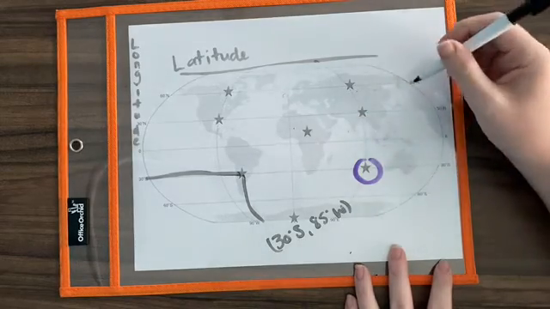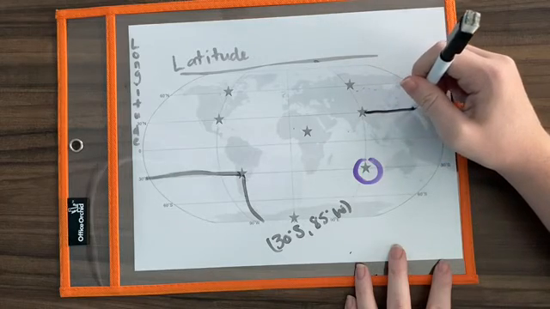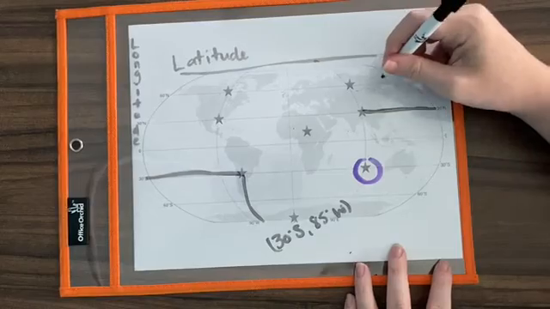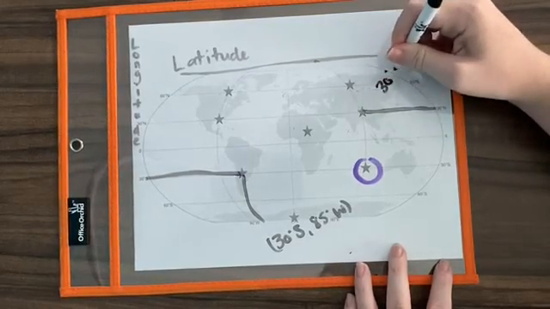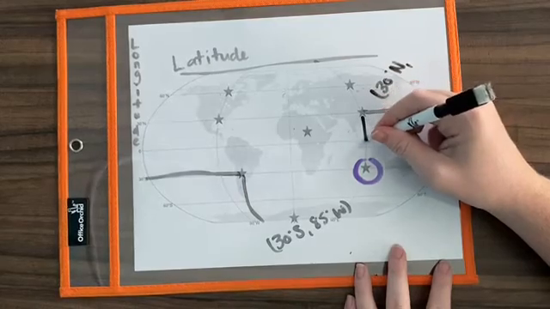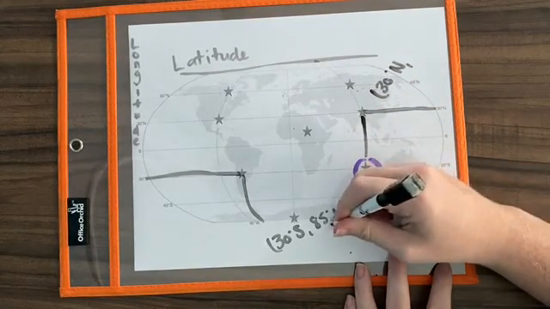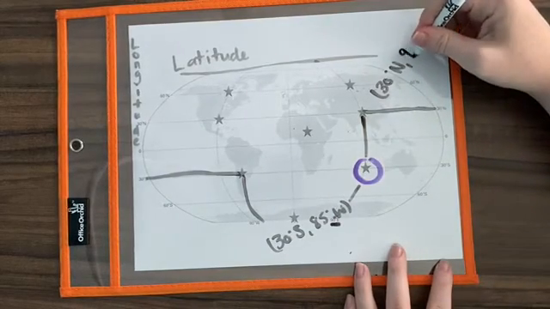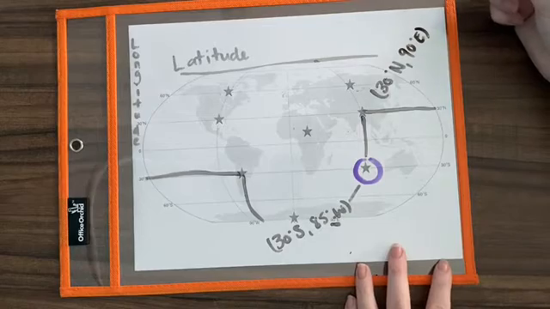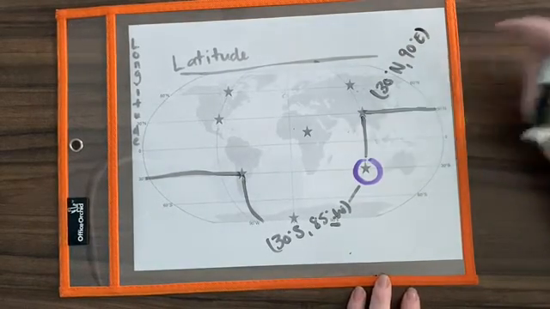Let's come over here. This one's a little bit easier. So our latitude line is 30 degrees north. And our longitude line is 90 degrees east. So did you get 30 degrees north, 90 degrees east?